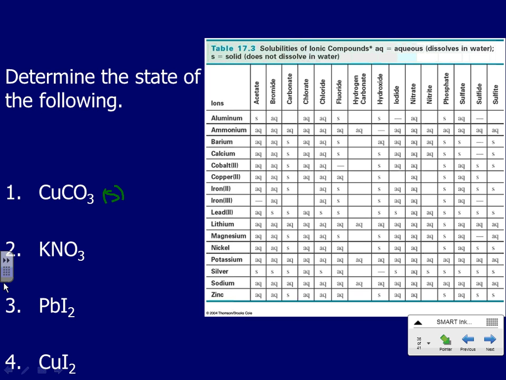Potassium nitrate, don't look at the chart. It's soluble. So what does it get behind it in the equation? Aqueous. See? That's so much quicker than actually looking at the chart. That's like super aqueous. Aqueous and aqueous all the time. Lead. Which version of lead is this?